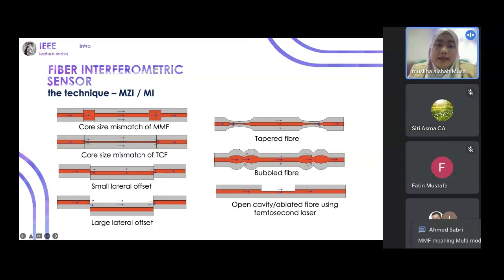Okay, the second is core size mismatch of thin core fiber. We use a thin core fiber to have a different diameter of the core.